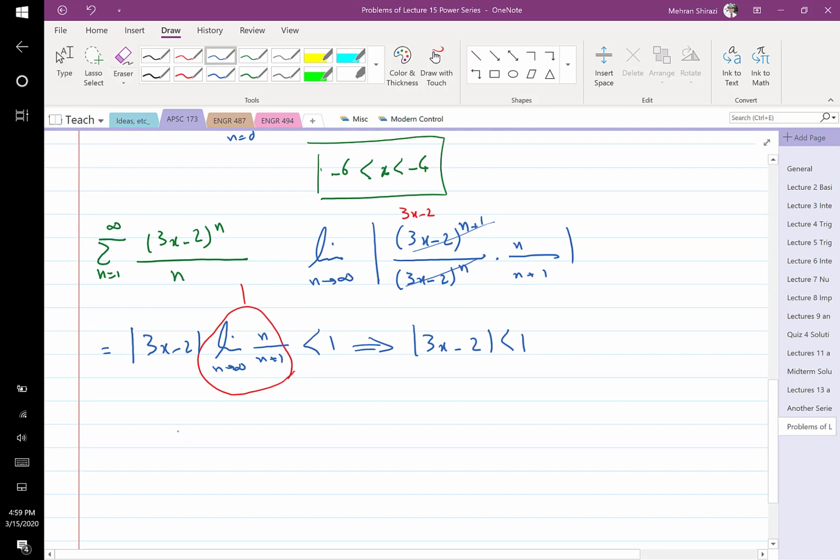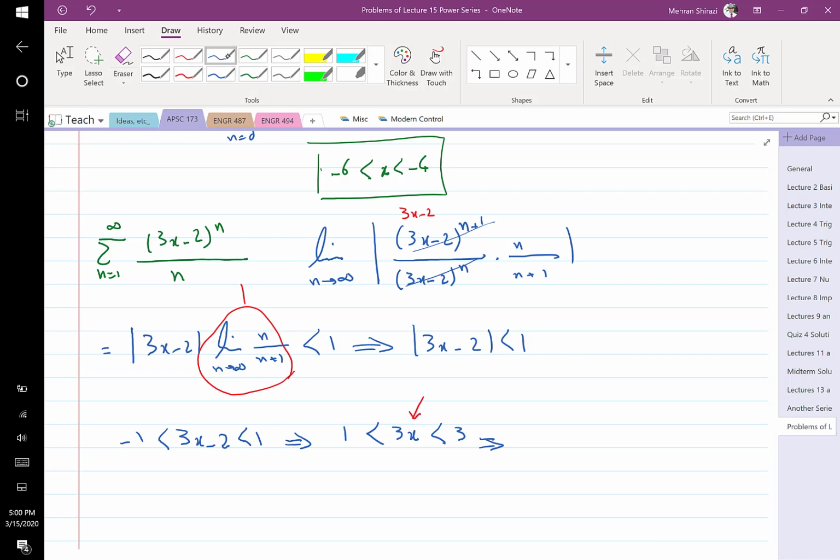We have this inequality, same as before. 3x minus 2 is between 1 and negative 1. Let's add 2 to all sides. So minus 1 plus 2 is 1, 3x minus 2 plus 2 is 3x, and 1 plus 2 is 3. Therefore, we can divide by 3 because I want to have x in the middle, so I divide everything by 3.